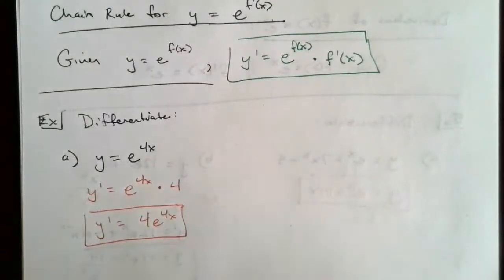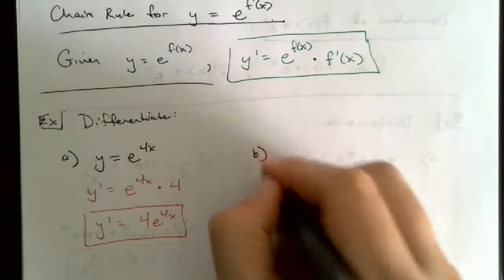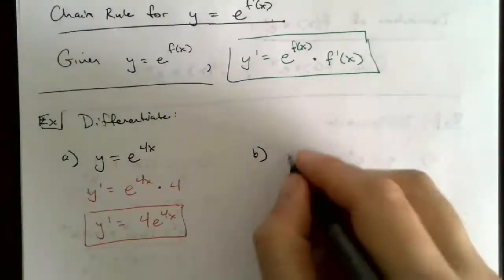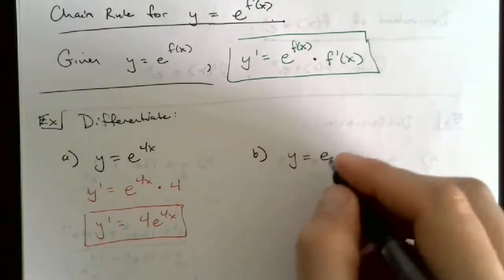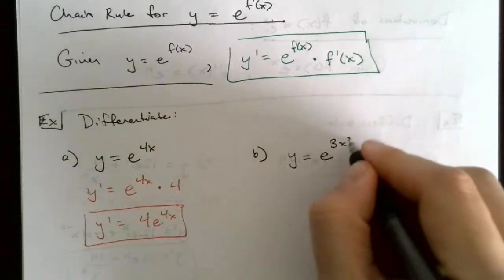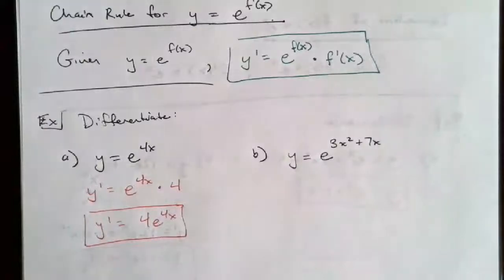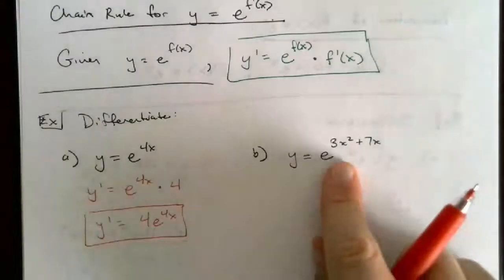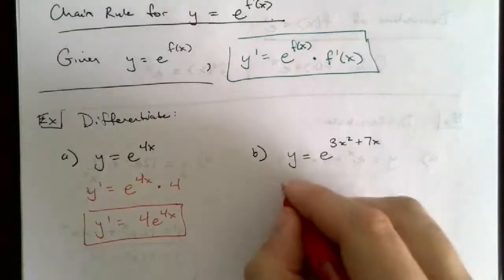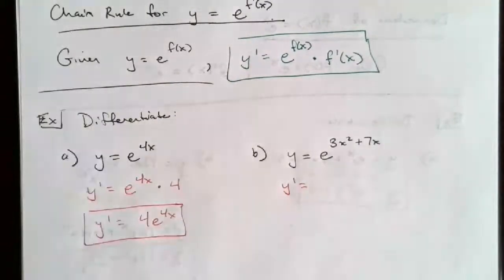How about this? We have y equals e to the 3x squared plus 7x. You may want to pause this and try this on your own. We have a derivative of e to a power. Remember, it's a chain rule for e.